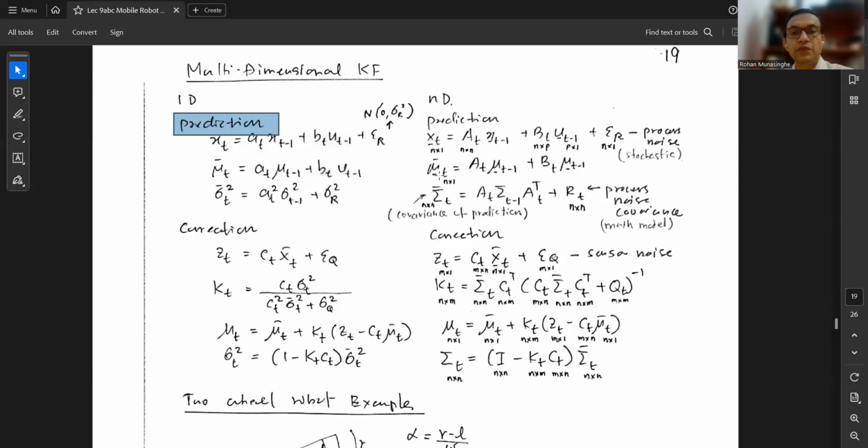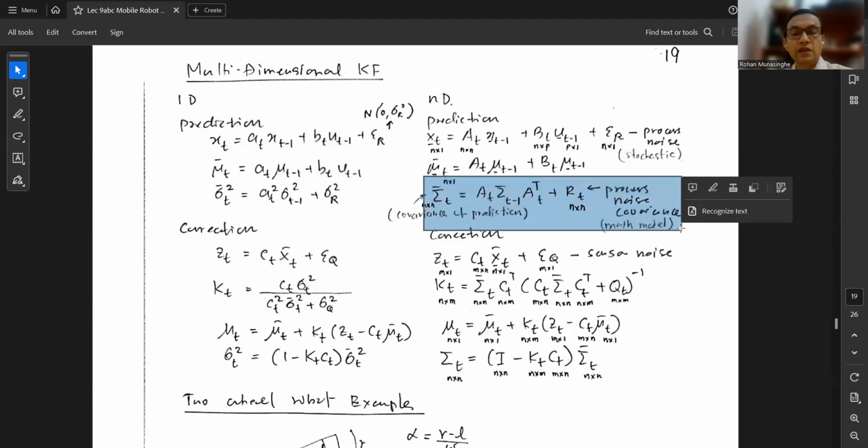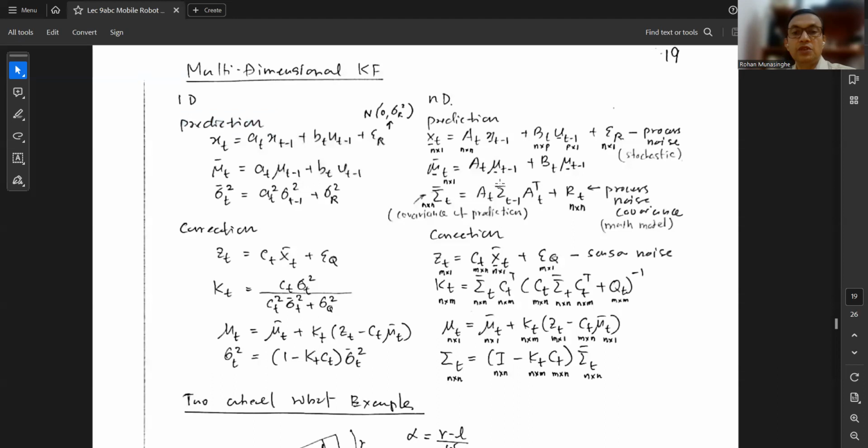So if you look at the right-hand side, in the case of n dimensions, you have the error covariance, that is big sigma, and it is coming from this equation, very similar to what is there for the one-dimensional case. We have seen all these things, and also look at that one.